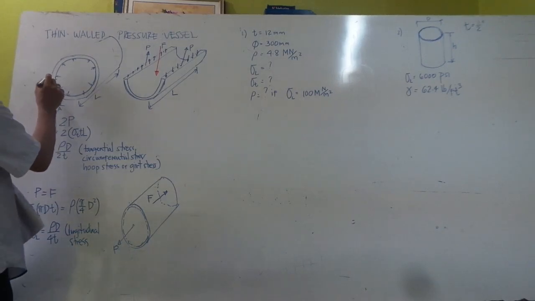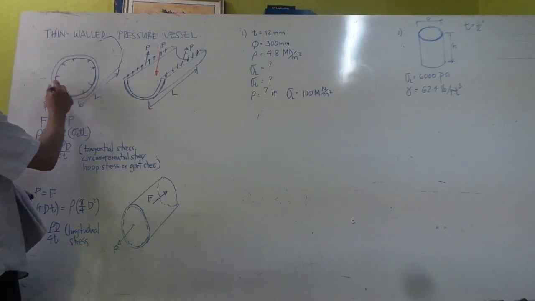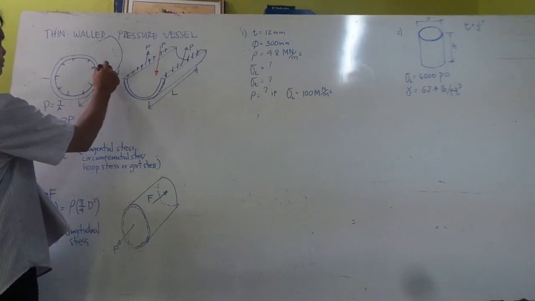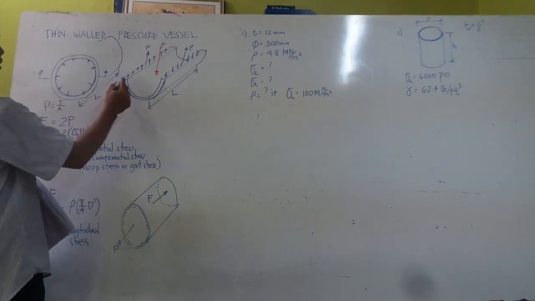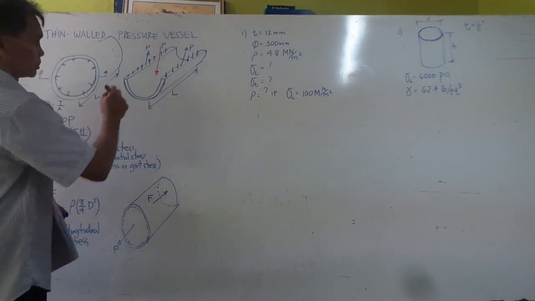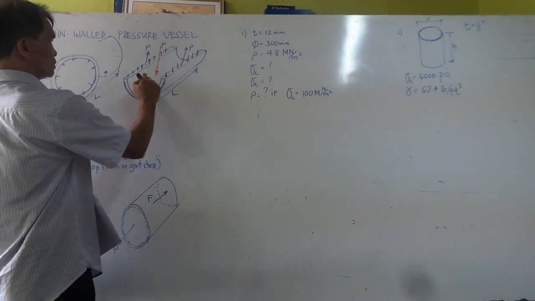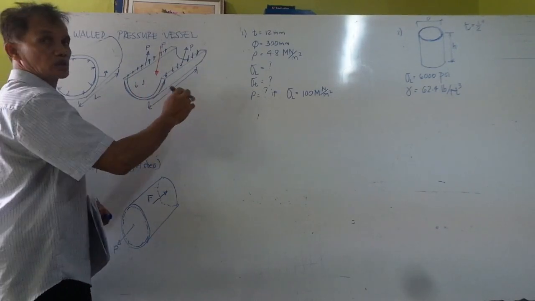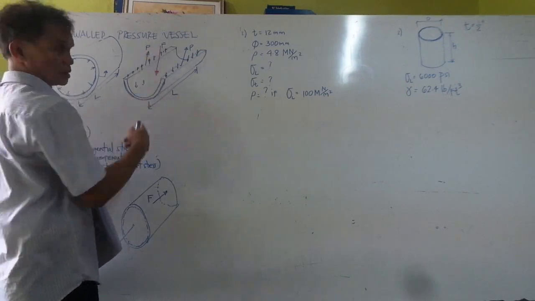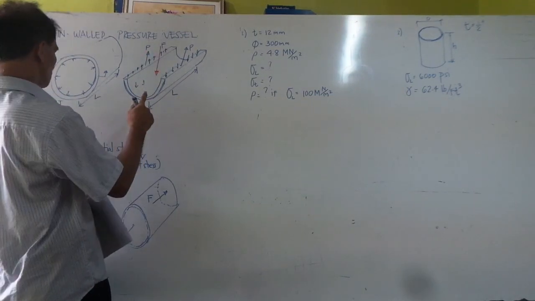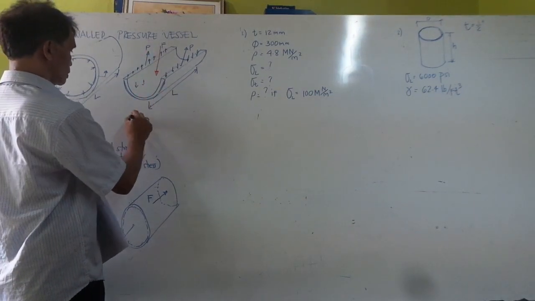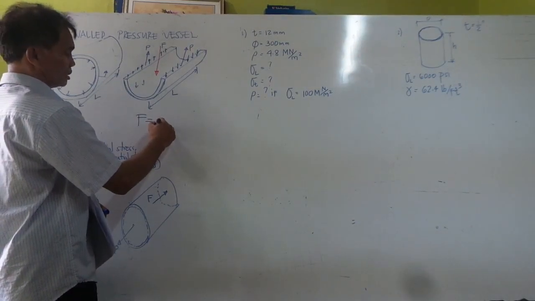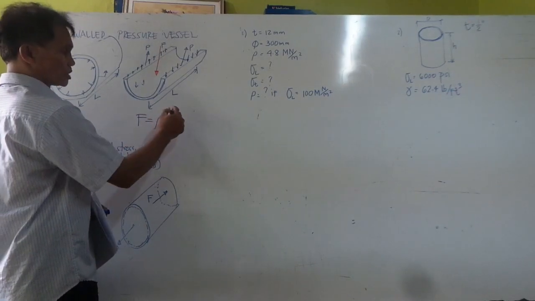If we cut this one and look at the cut section, it is subjected to the pressure due to the fluid. The total pressure is your F, which is equivalent to the unit pressure times the area.